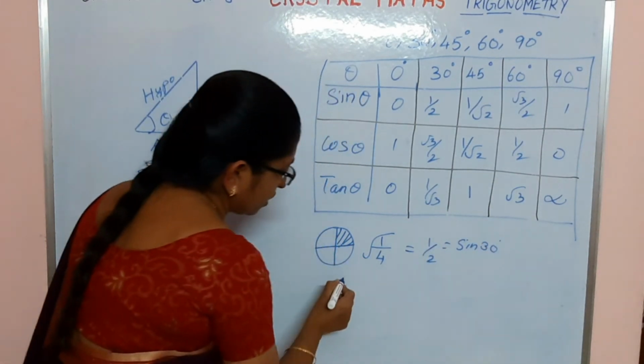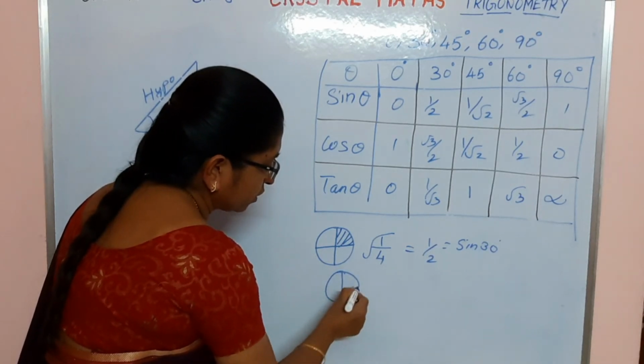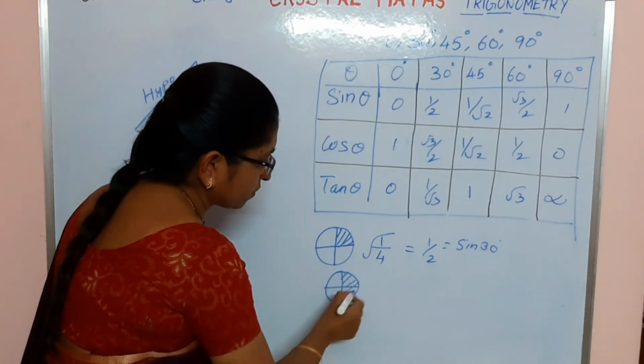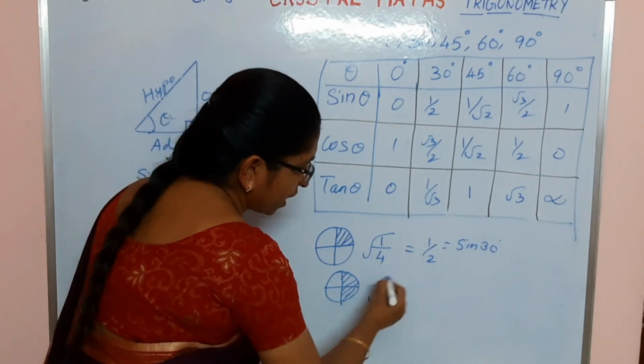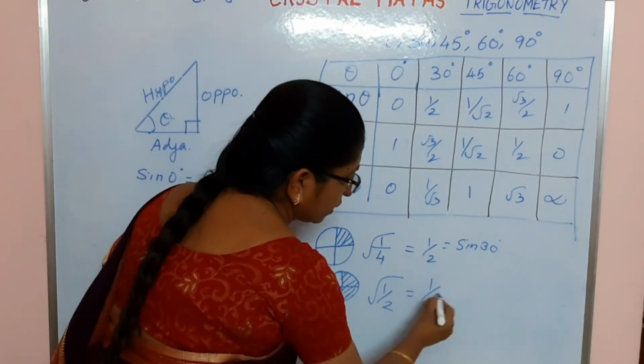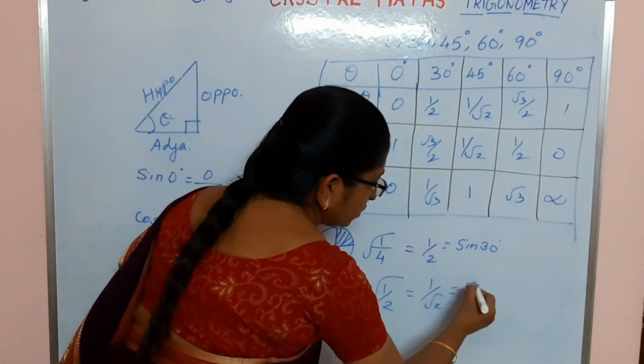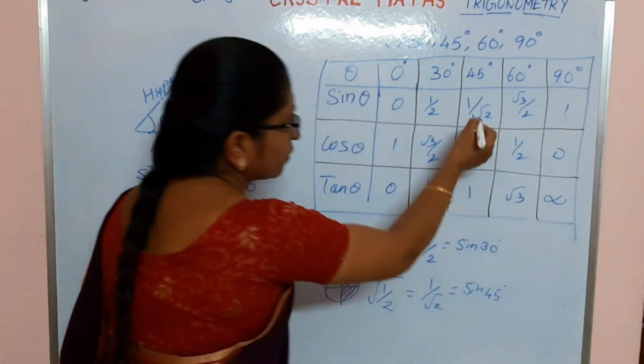If you are shading two portions over there, now what is the fraction? 1 by 2. Take the square root, that is 1 by root 2, which is equal to sine 45.